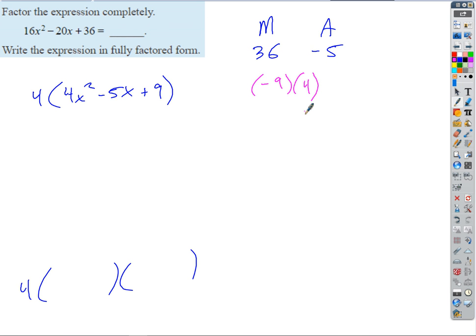We can't find numbers. They have to multiply to positive 36 and add to negative 5, and there aren't numbers that do that. So what is fully factored form? That. I can take a 4 out, but I can't go any further, right?